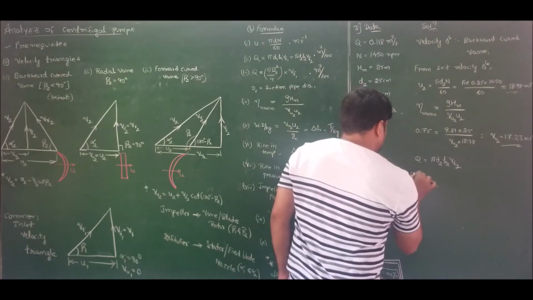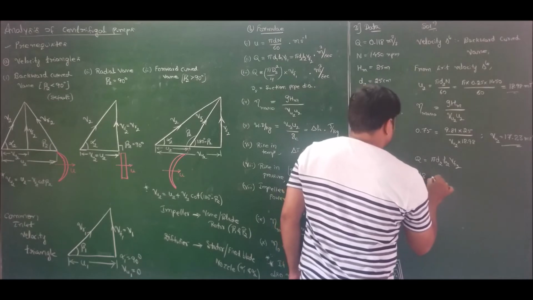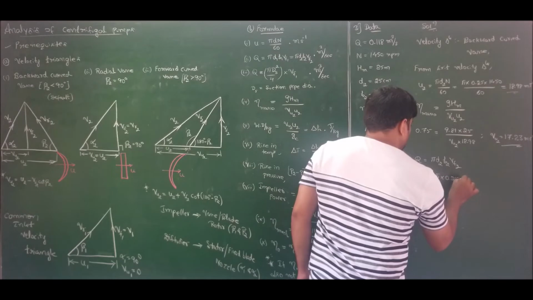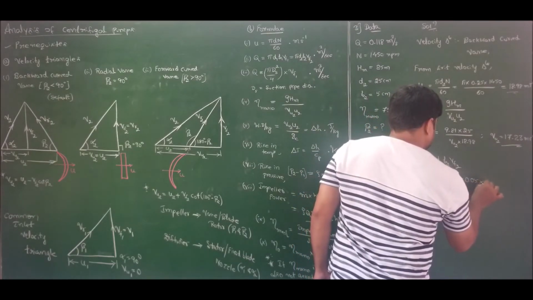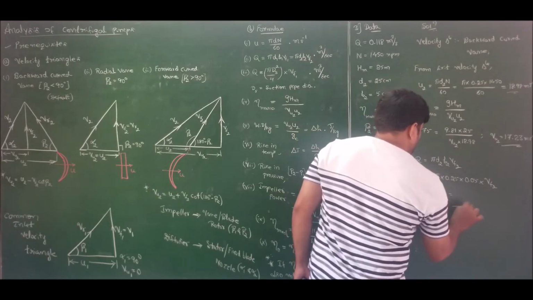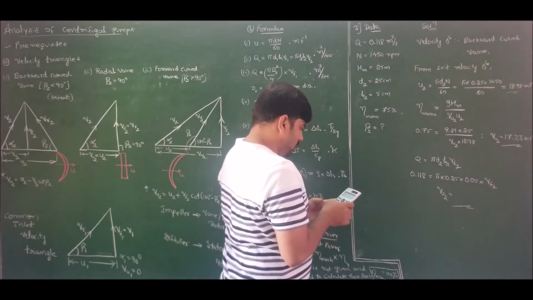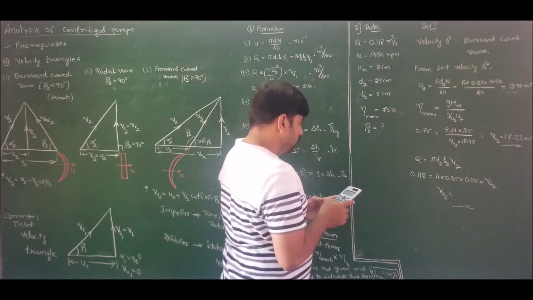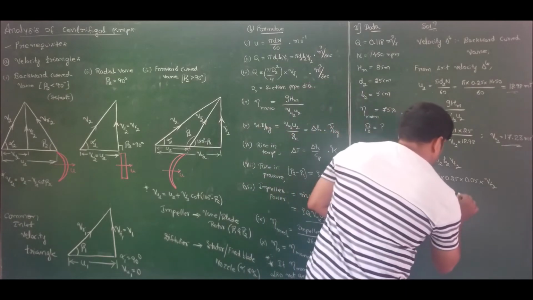Q is given in meter cube per second, so no conversion is required. 0.118 is equal to pi into D2, 0.25, into width, 5 centimeters, that is 0.05 meters, into VF2. So VF2 will be 0.118 divided by pi times 0.25 into 0.05, that is 3 meters per second.